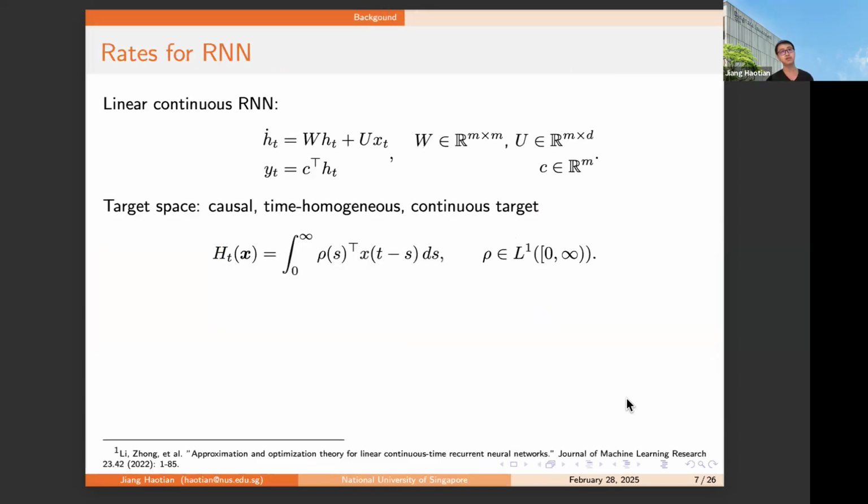So here, let me review some existing results for RNNs. Let's consider a linear continuous RNN which has the following formulation here. H here is the hidden recurrent unit, and X is the input. The target space we consider here is all the causal, time homogeneous and continuous functionals.